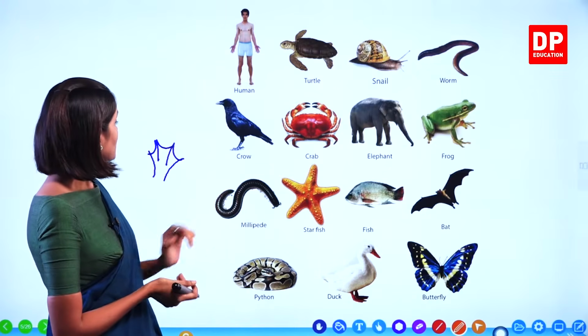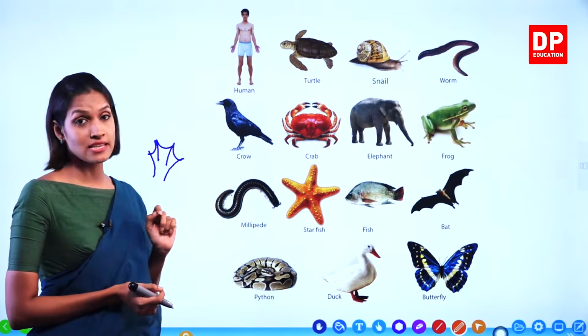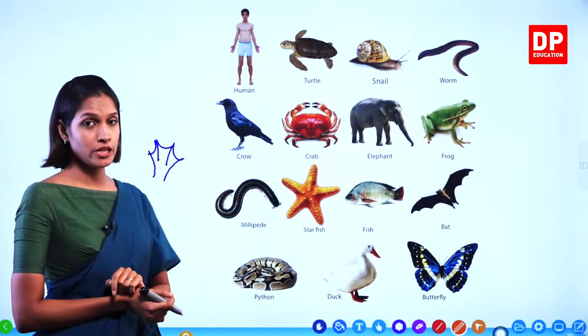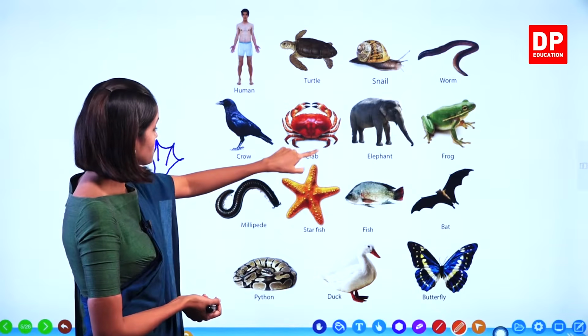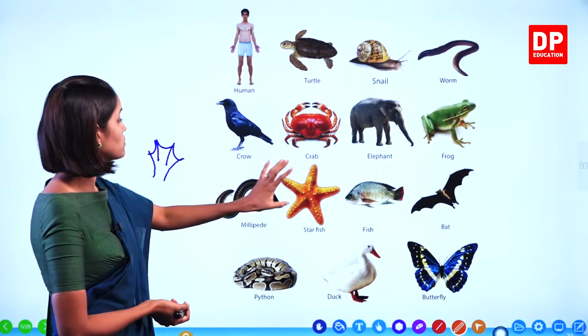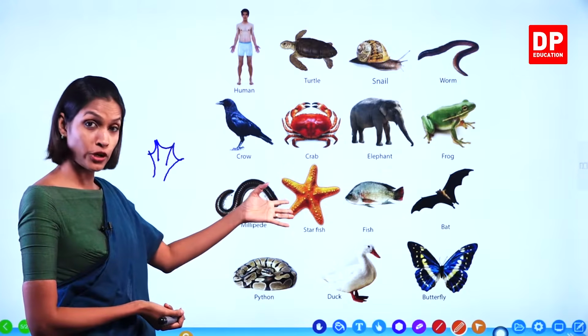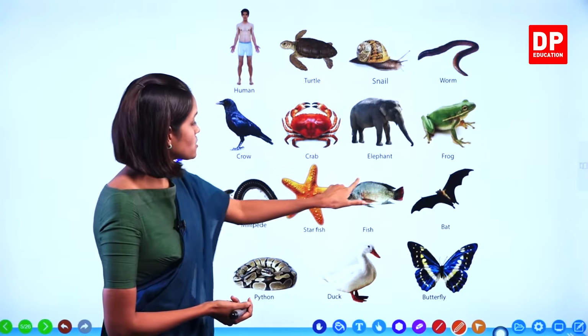Okay? Millipede. Now millipede also has a worm-like body, but it has legs, not like the earthworm. And look at the starfish. The body of the starfish is divided into 5 parts like this. Therefore, it looks like a star. And look at the body color. And what about fish? Look at the special shape.